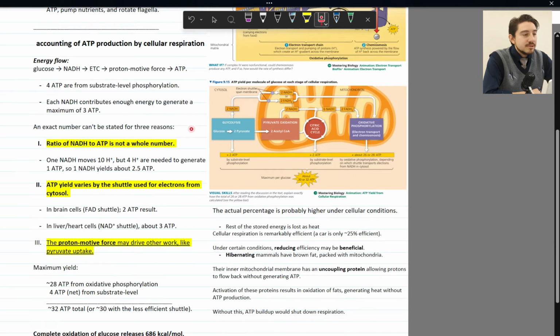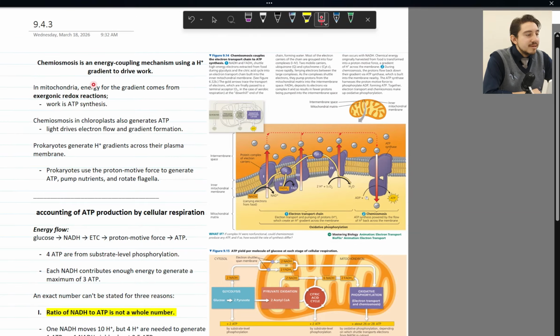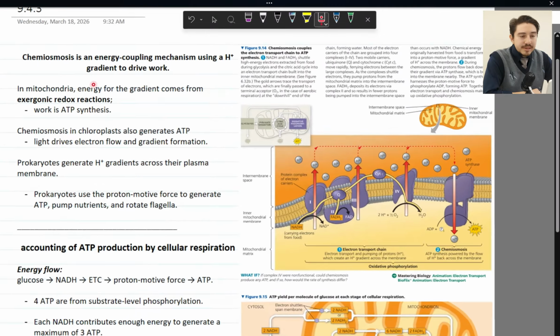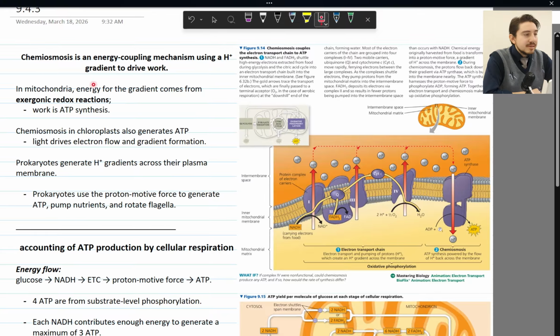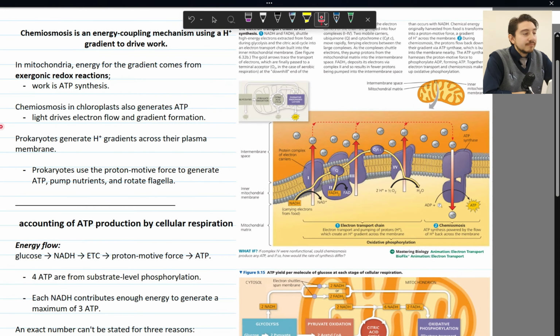All right, let's continue. This is the same image that I placed on the previous page, just for you to see it in a little more detail. Okay, chemiosmosis is an energy coupling mechanism using a hydrogen plus gradient to drive work.